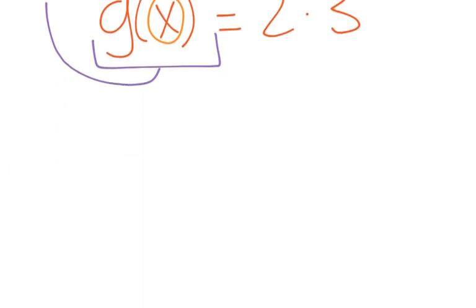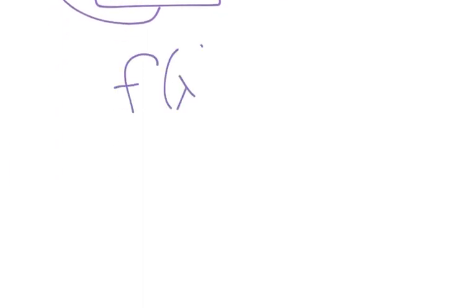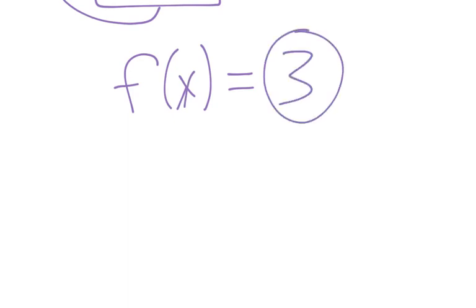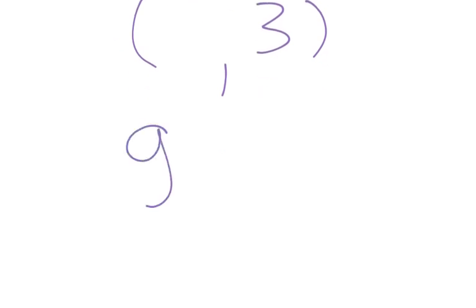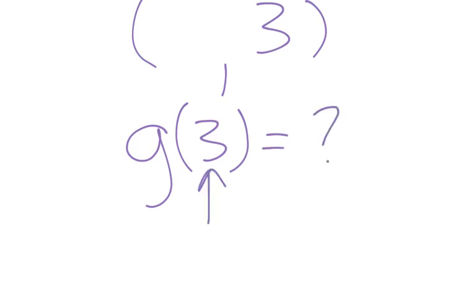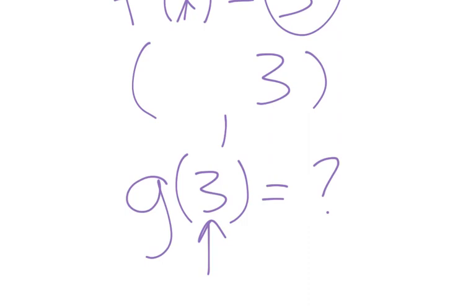So, if I tell you f of x equals 3, that means 3 is an output. If I were to make a point, it would be the y value, the output value. If I have something like g of the number on the inside equals something, then that's the input we're looking at.